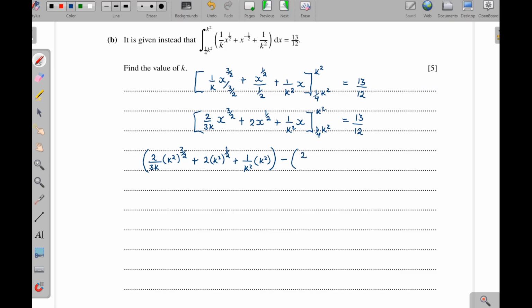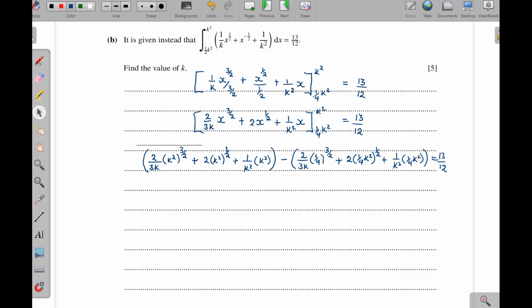So we shall have 2 over 3k, and then you have a quarter to the power of 3 over 2, then plus 2 times a quarter k squared to the power of a half, then plus 1 over k squared, and x here is a quarter k squared. Then this one we shall equate to 13 over 12.